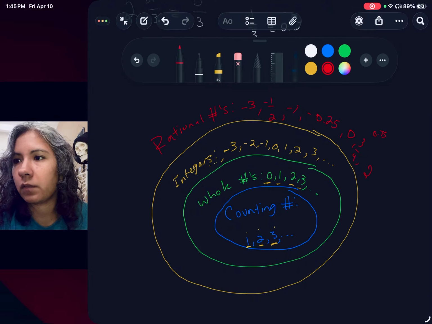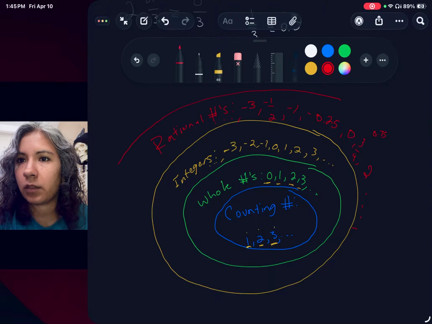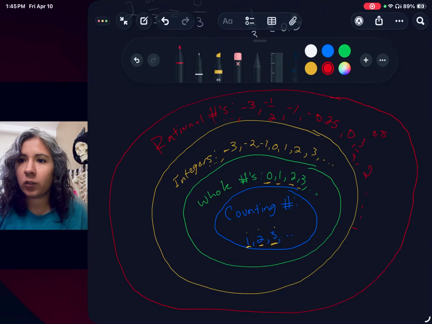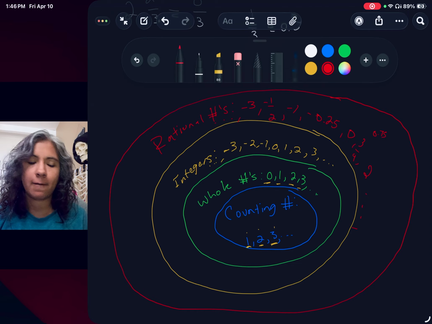It includes all of those, and that goes infinitely negative and infinitely positive. But the virus, it's even more numbers, so it includes all of those other things it already ate.